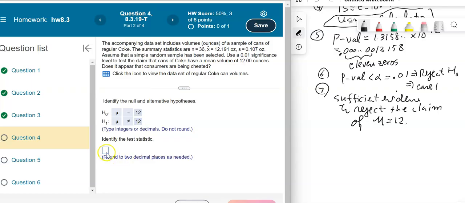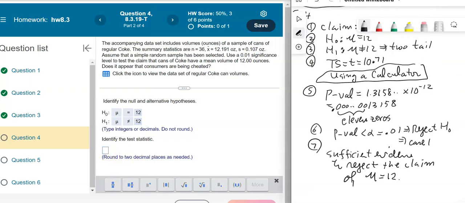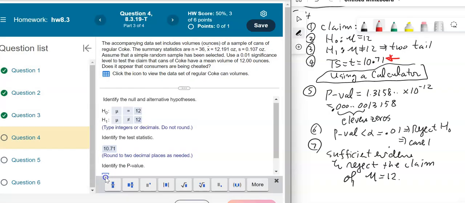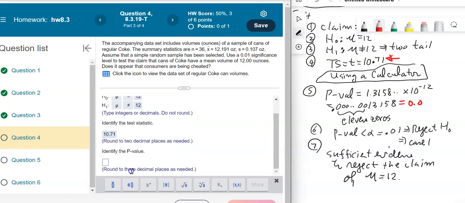And then the test statistic, where is it? Using 2 decimals, I already got 10.71. So I'm going to put 10.71. Okay. And the p-value is like 0, isn't it? The p-value is pretty much 0, but with so many zeros you can just put 0.